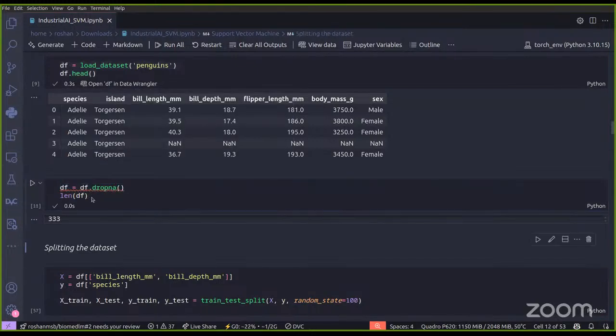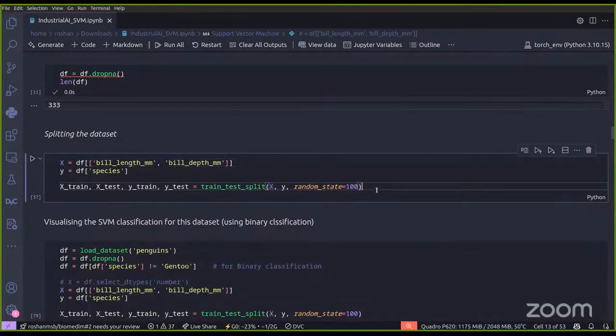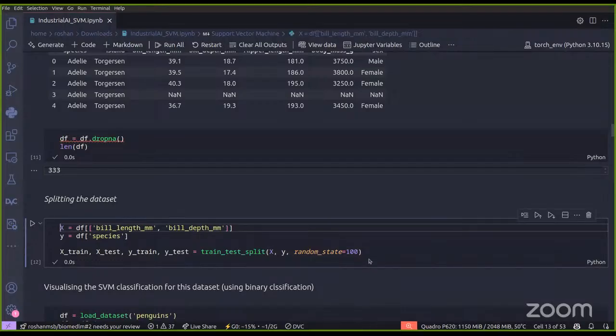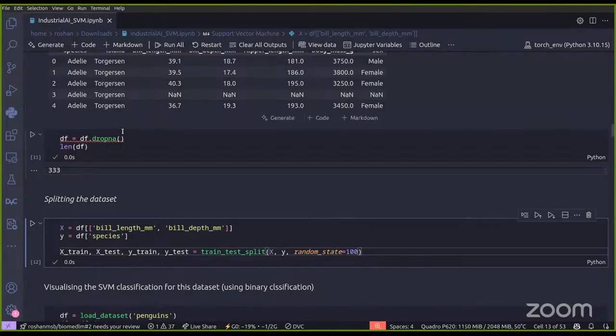Okay. Doing that, I'm splitting my data set. Why should I split my data set? I explained the pipeline before. Why should I split my data set?